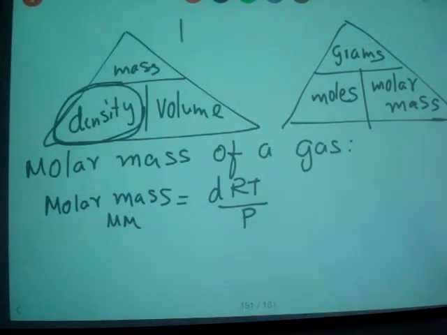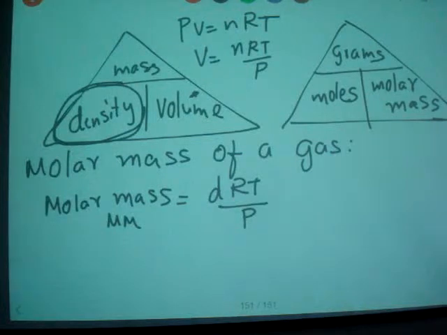We know that we learned PV equals nRT, right? So when you write volume equals nRT divided by P, but in here, volume is mass divided by density.